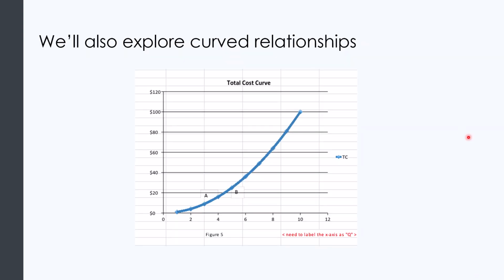We'll also take some time to explore some curved relationships. Now, each time we see a curve in a graph, that tells us that the equation for that curve has some sort of exponential feature in it. So one curve, like we see here, it's got a little bit of a curve, tells us there's a little bit of a squared term someplace in the formula that made this.